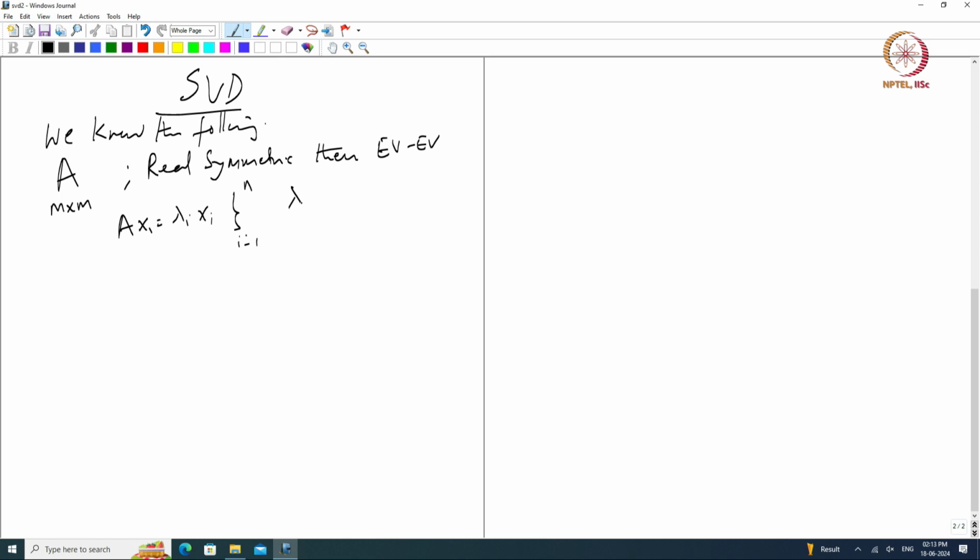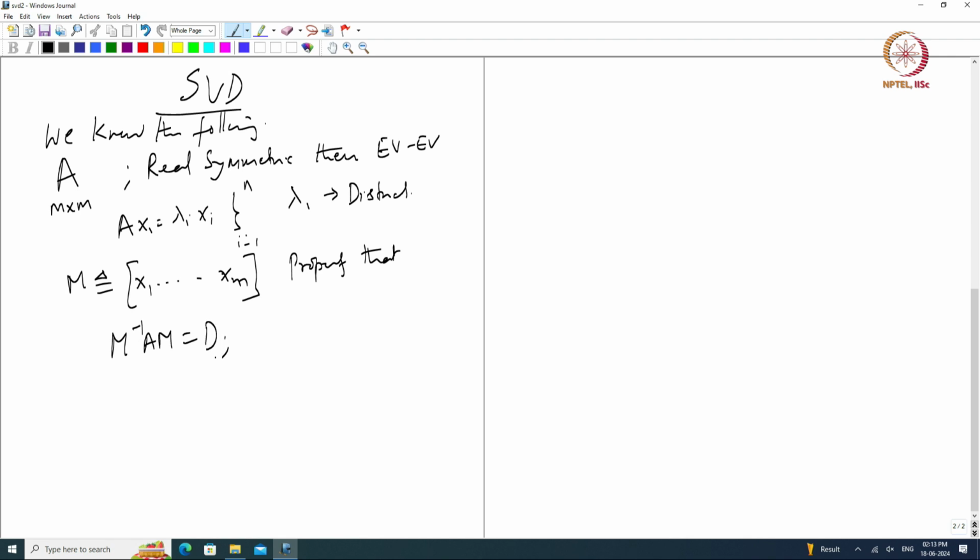We can even assume lambda I to be distinct, in which case we can get a matrix M. By definition, this matrix is the eigenvectors corresponding to distinct eigenvalues. This has a property that M inverse A M will be a diagonal matrix.